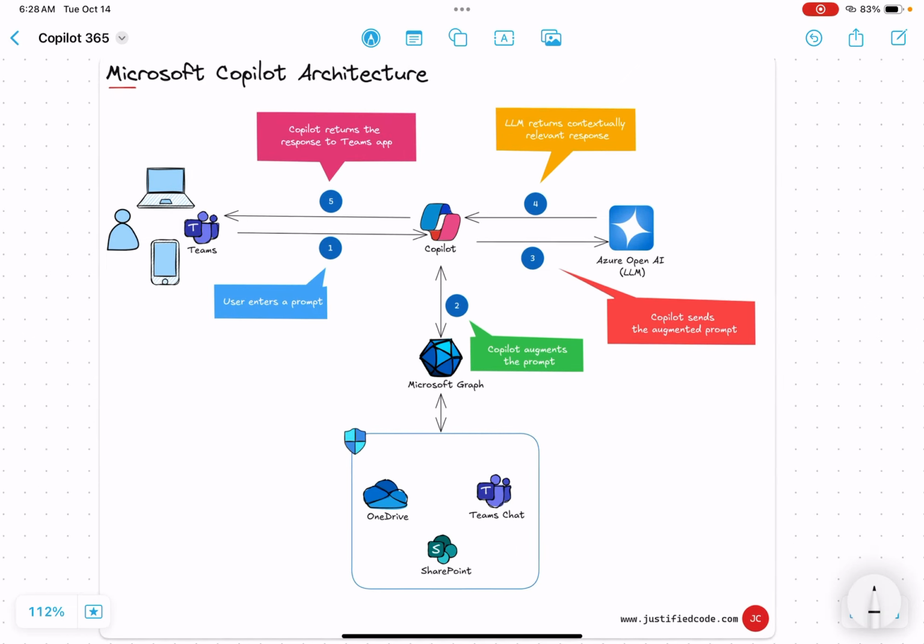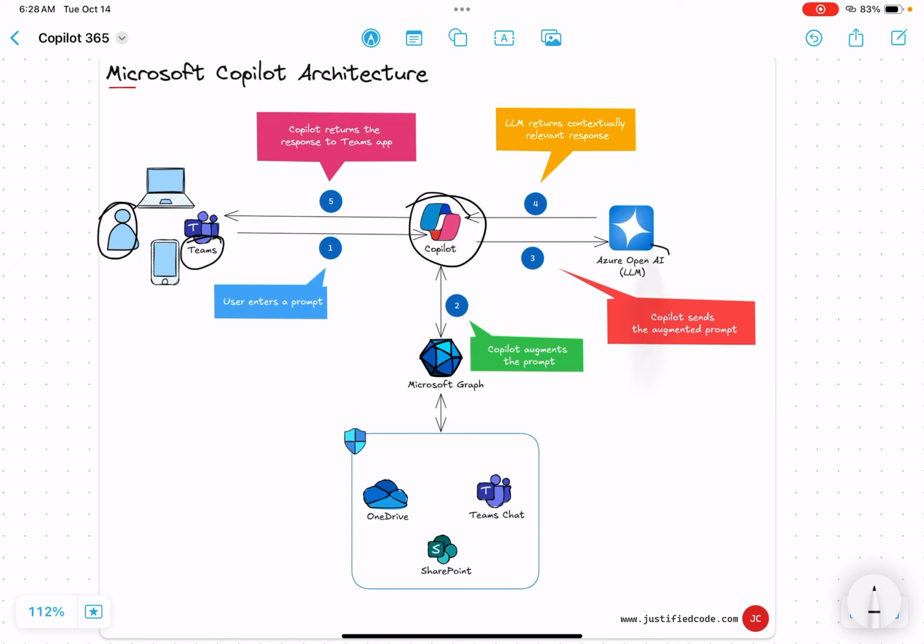To the left, you see we have a user accessing his Teams application using his organization account. You have Copilot service sitting in the middle, acting as the orchestrator.